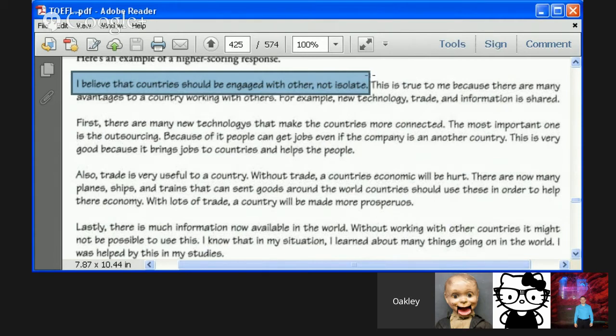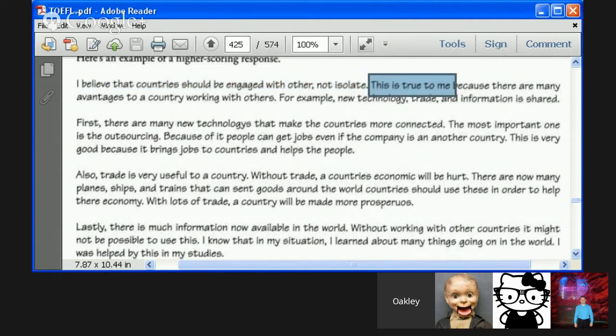All right, let's continue. Next sentence, Heidi. Yeah, this is true to me. I believe that countries should be engaged with us, not isolate.